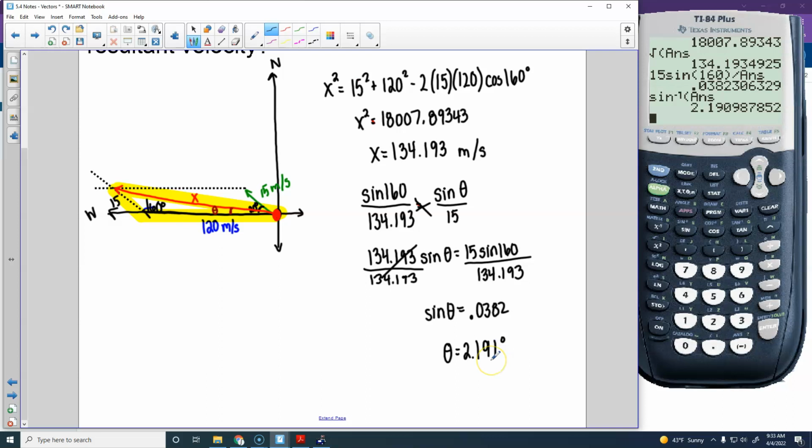degrees. And whenever the problem gives you like north of west, west of south, whatever that it gives you at the beginning, you need to make sure you put that with your answer. So 2.191, that's this little tiny sliver of an angle right here. How would we describe it in terms of directions?